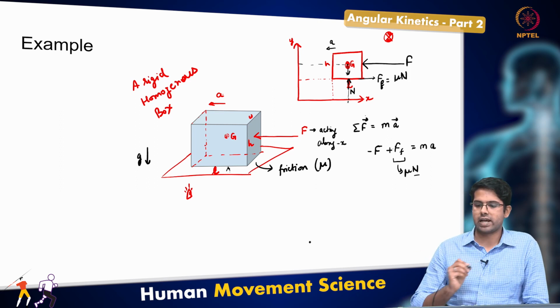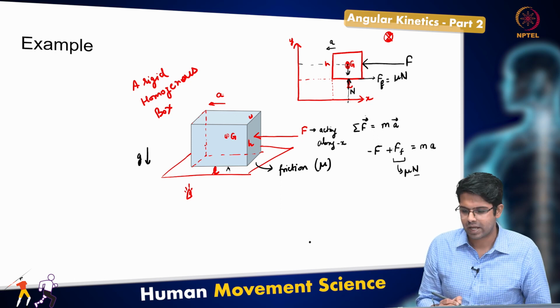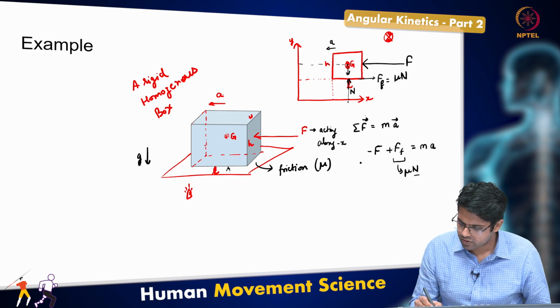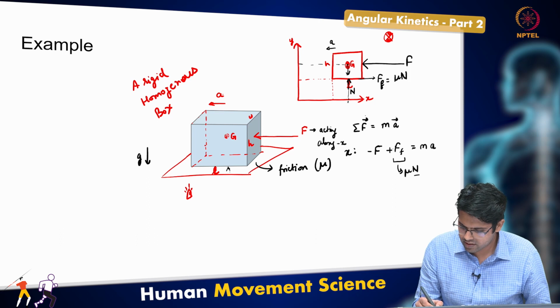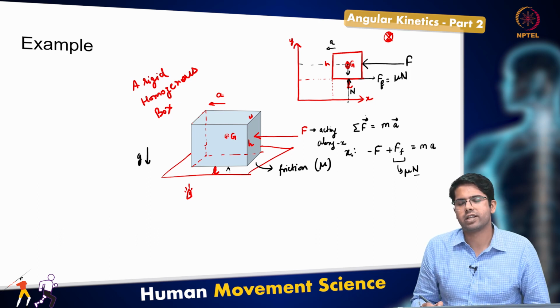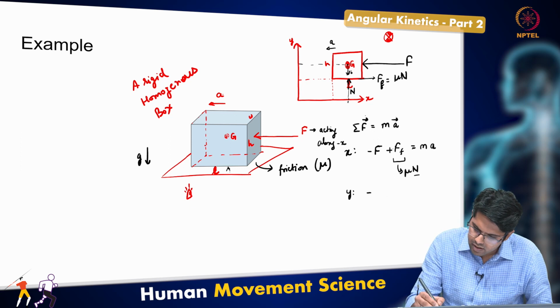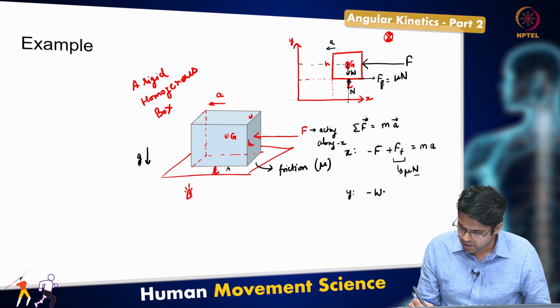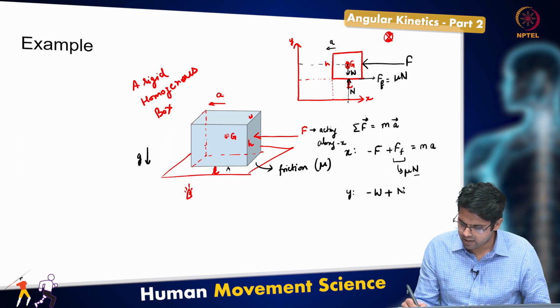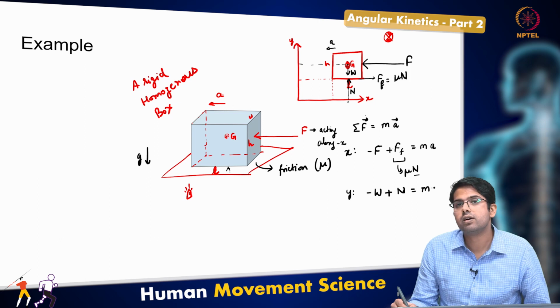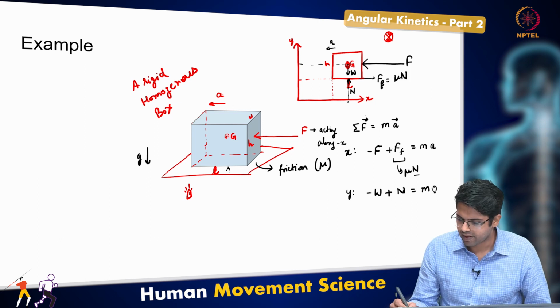But wait, I can calculate n very easily. If you notice, we wrote this equation along the x-axis. If I write a similar equation along the y-axis, I will get minus w plus n is equal to m times 0.